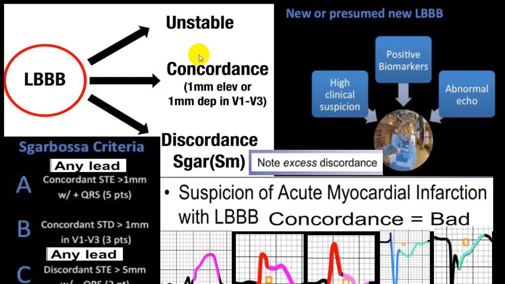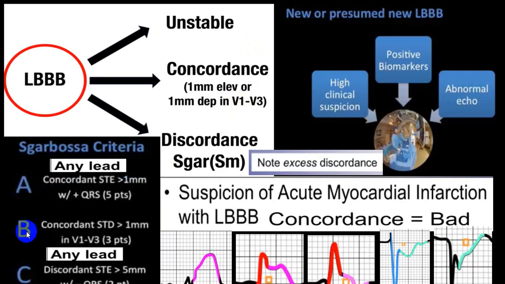So unstable, concordant STT changes, elevation and depression, we call Sgarbossa A and B criteria, or modified Smith criteria, and as far as C criteria is concerned, if there is a high clinical history suggestive of positive biomarkers and an abnormal echo, it will be straightforward in favor of the presence of acute MI in the presence of left bundle branch block.